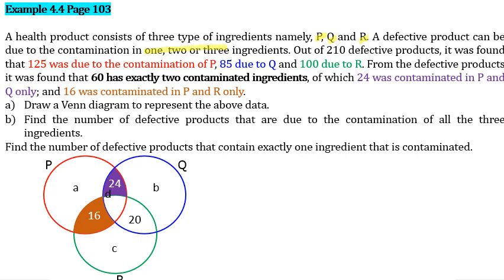Out of 210 defective products, it was found that 125 was due to the contamination of P, 85 due to Q, so this is the information given, and 100 due to R. From the defective products, it was found that 60 has exactly 2 contaminated ingredients, of which 24 was contaminated in P and Q only, and 16 was contaminated in P and R only.